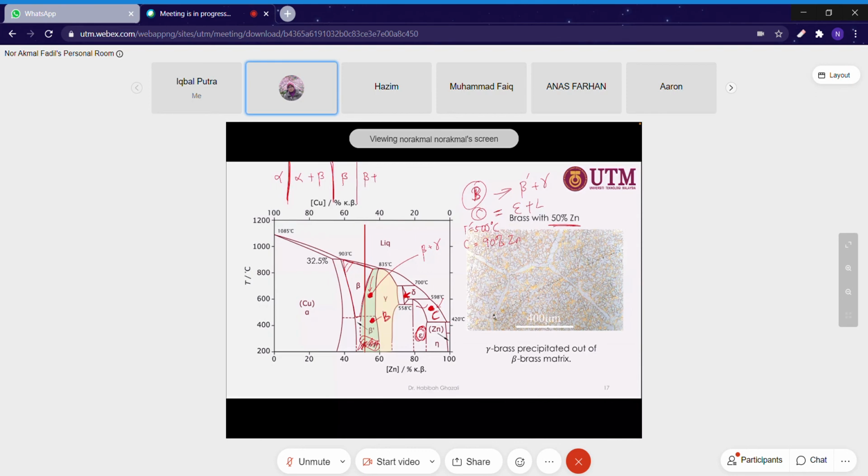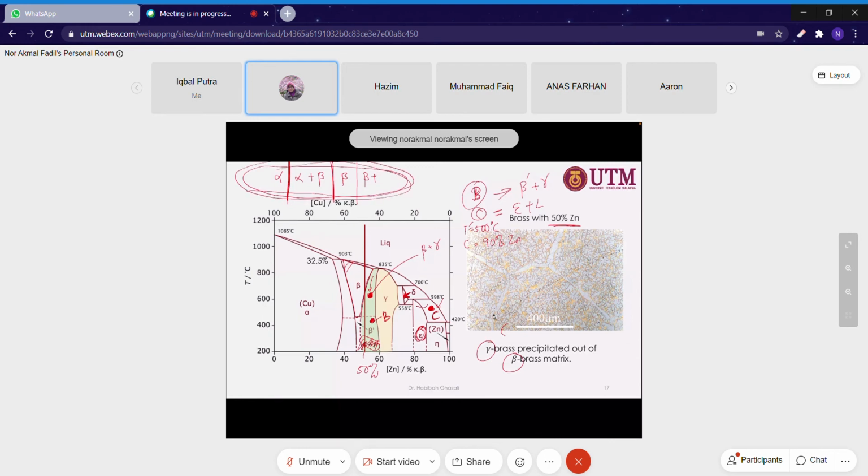You will observe, for example, if you have an alloy that contains 50% of zinc, it contains two phases, which are gamma and beta.